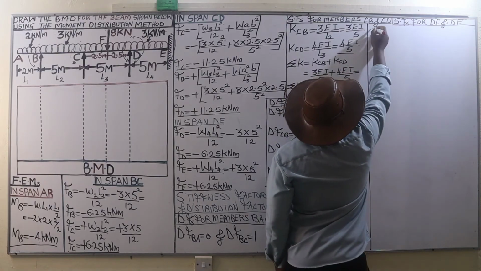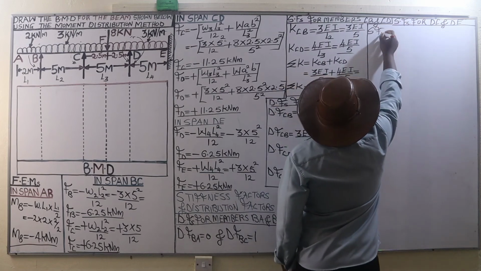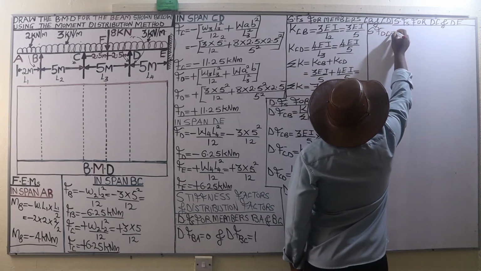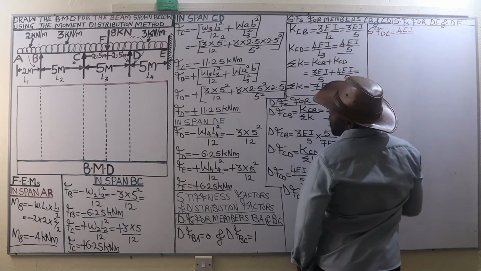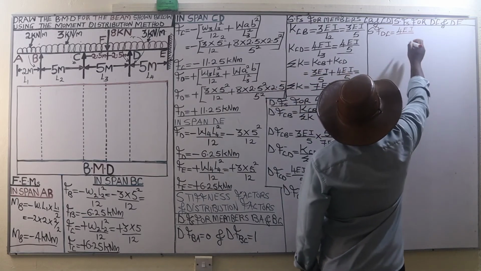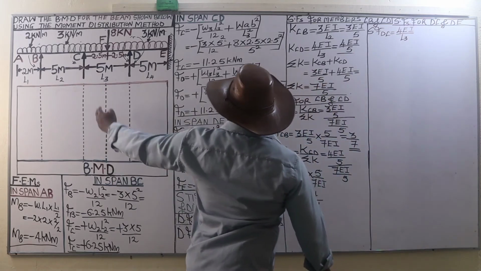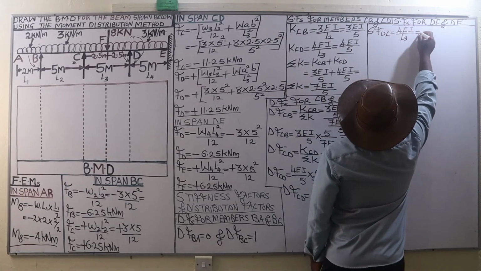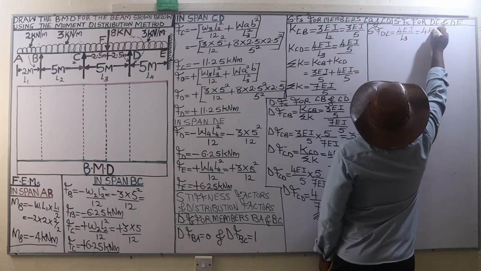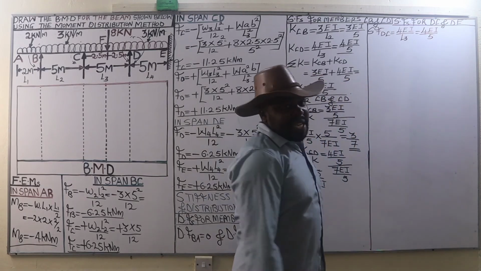The stiffness factor for member DC will be given by 4EI divided by the span L3. The reason being, the beam is continuous at C, so that is the formula. And this will be 4EI divided by L3, which is 5 meters.